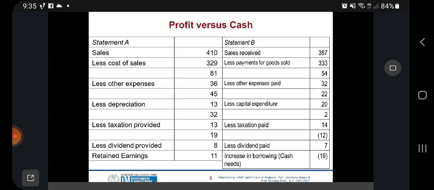The capital expenditure is only the increase in historical cost of property, plant, and equipment for the year. That is, the capital expenditure represents what you are paying for purchasing new property, plant, and equipment only for the current year.